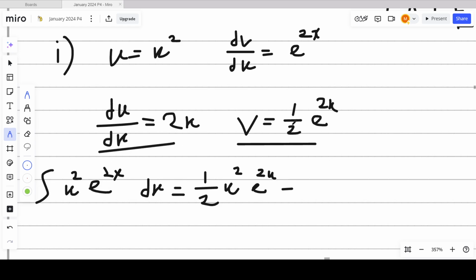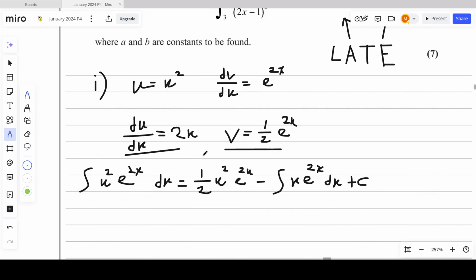Half times 2 becomes 1. So minus the integral of x e to the power 2x dx, plus c. Now are we done?